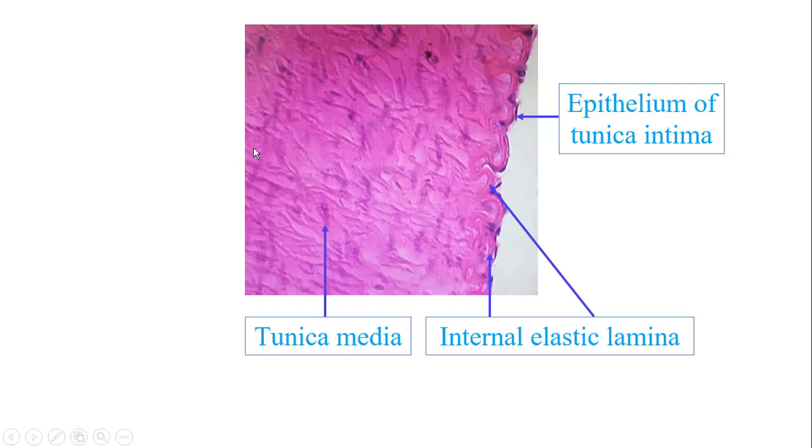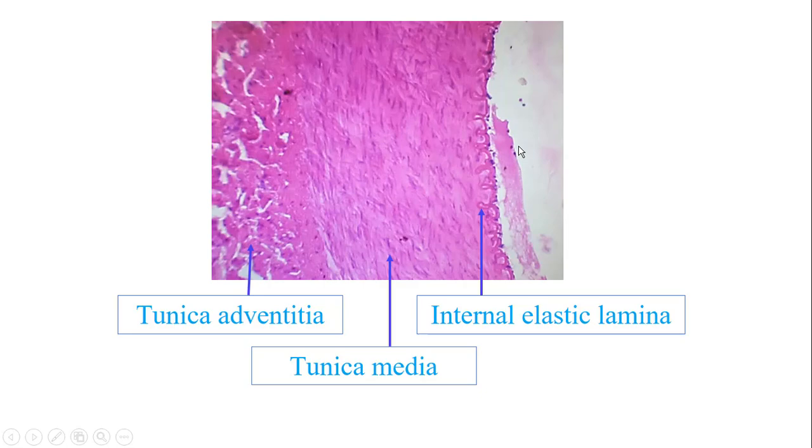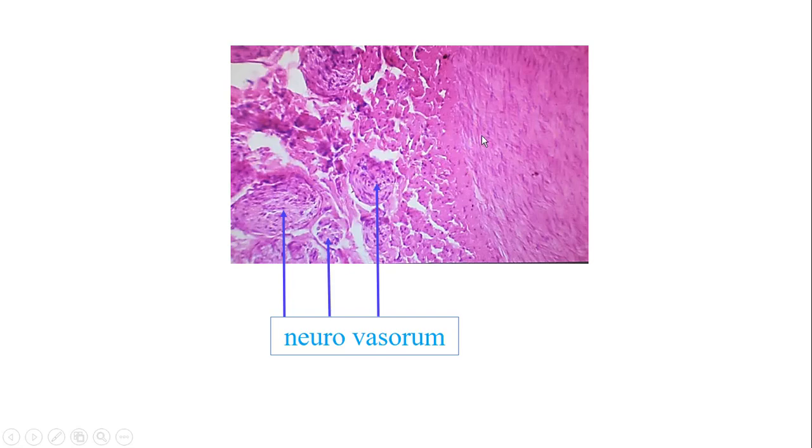Here is a part of the tunica media. Here is the internal elastic lamina, and here we've got the epithelium of the tunica intima. Here is the outer part of the tunica media, and here we've got the tunica adventitia containing several neurovasorum.